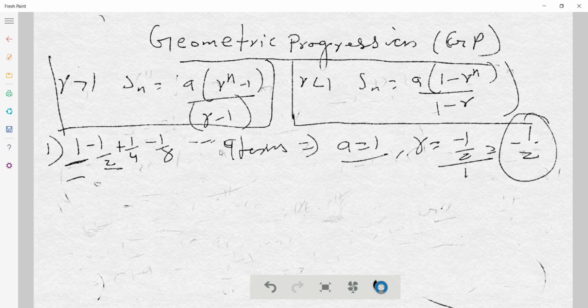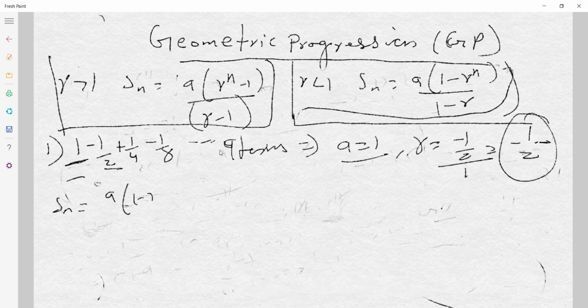Now the value of r is less than 1, because it's obviously not greater than 1. So when it's less than 1, we're going to use this equation. That's pretty nice and easy. Sn equals a times 1 minus r to the power n, divided by 1 minus r. We're going to find the sum of 9 terms.